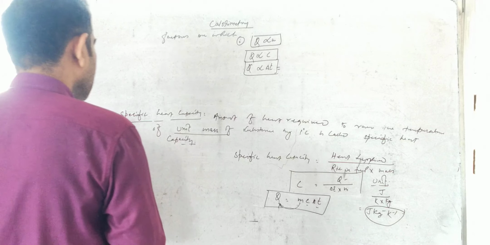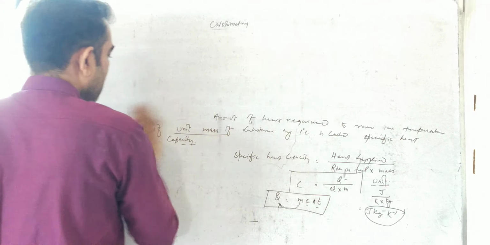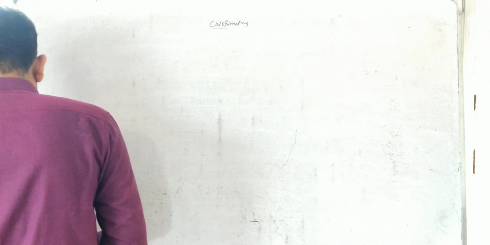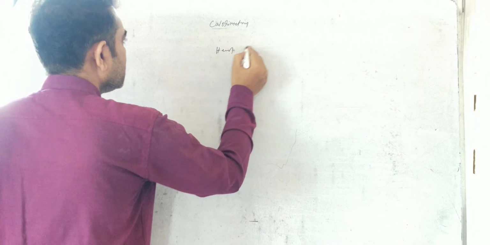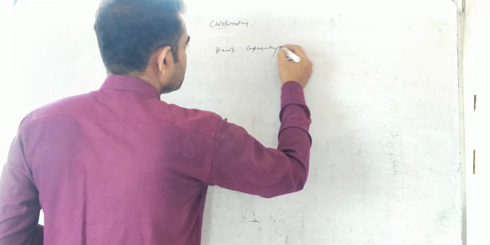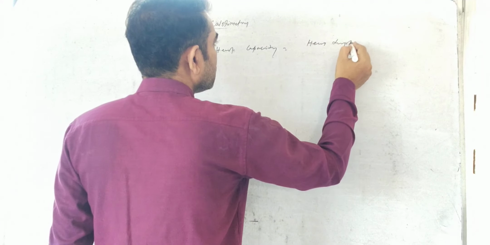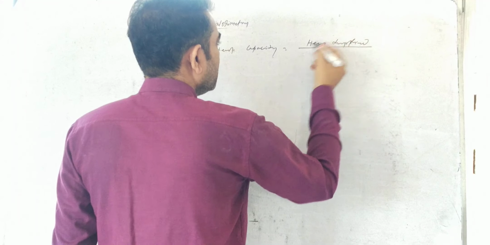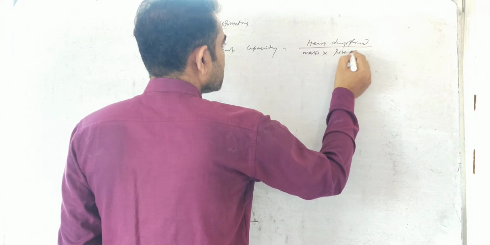And the next thing is the relation between the heat capacity and the specific heat capacity. So we have written specific heat capacity equals heat supplied by mass into rise in temperature.